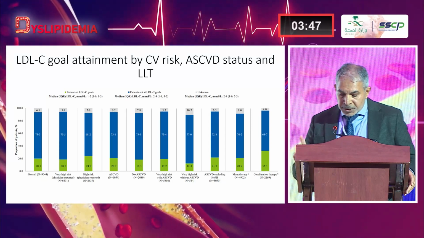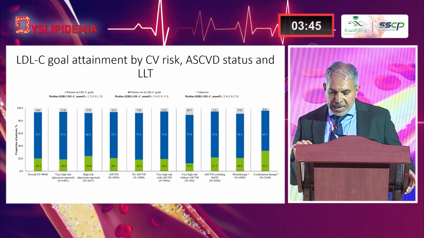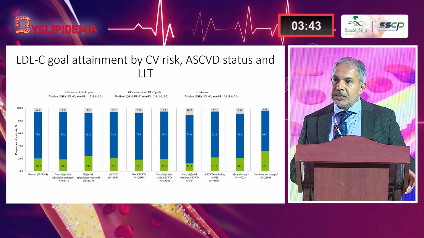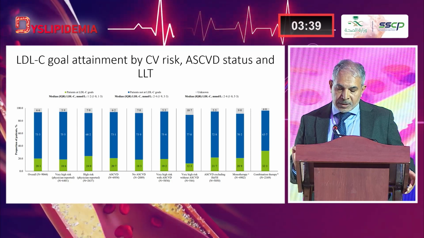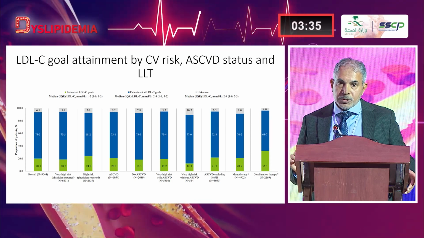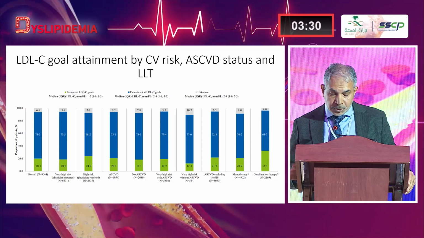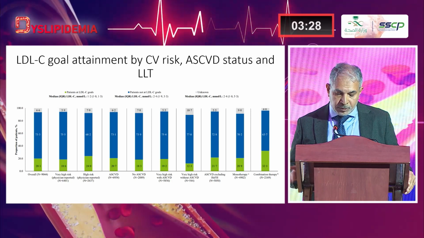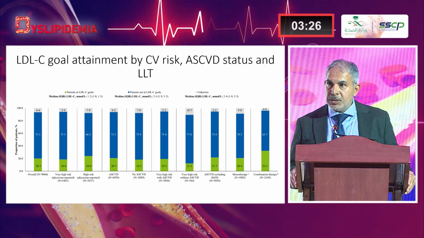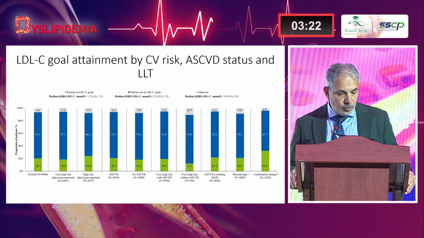So amongst the very high risk, only 18.6% were actually controlled at target. 75% were not controlled, and for 6% the lipids were unknown. If you look at the high-risk group, 24% were at target, 68% did not achieve targets, and 8% were unknown.